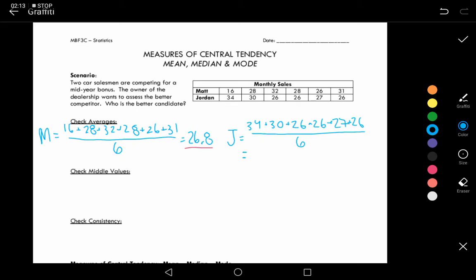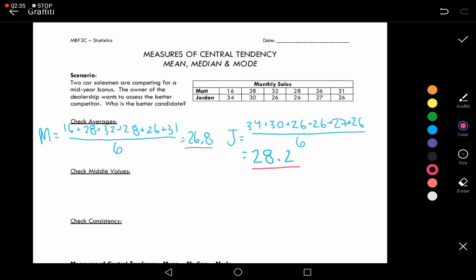Add them all together, divide by 6. That tells us that on average, Jordan sells 28.2 cars. So we can see that on average, Jordan does sell more cars than Matt.